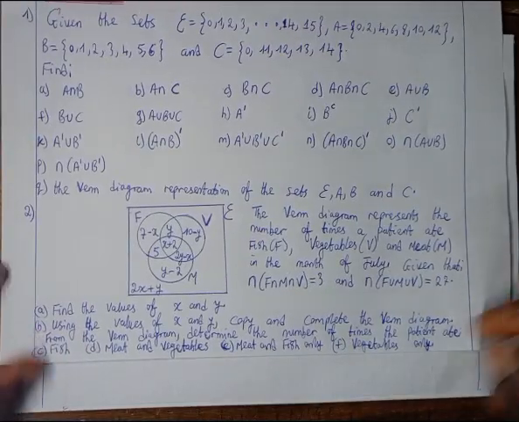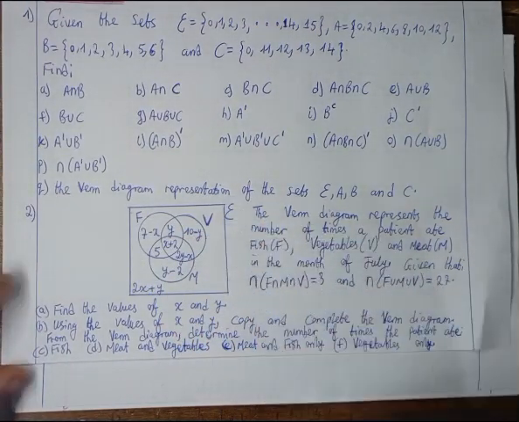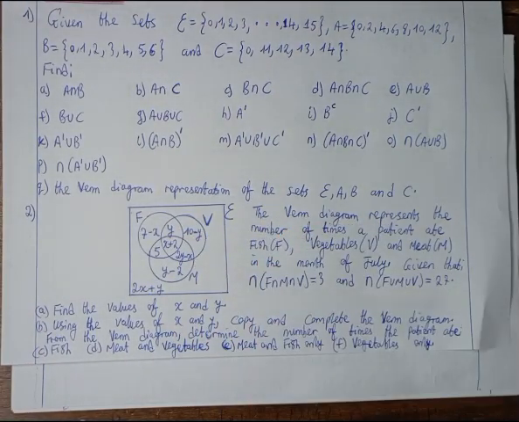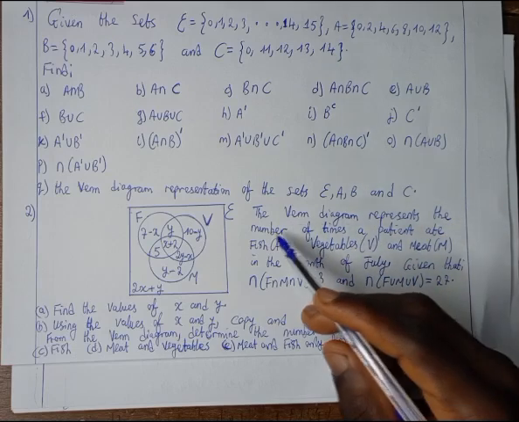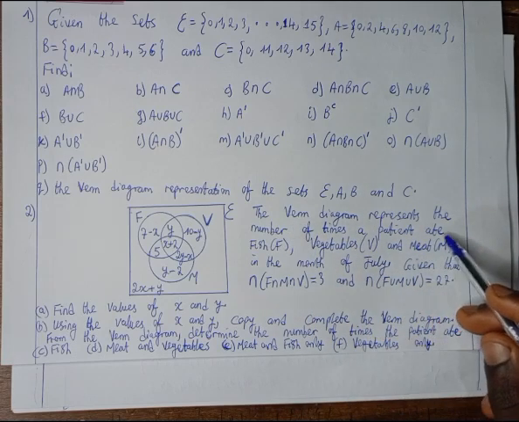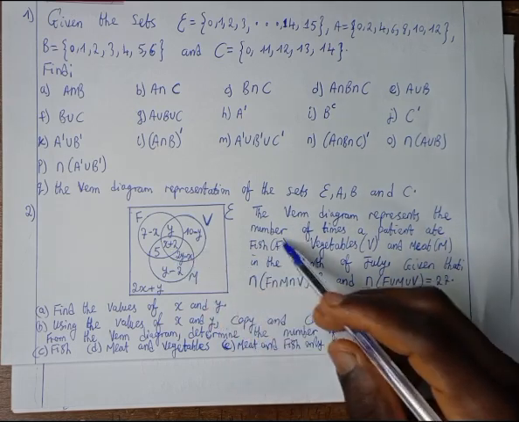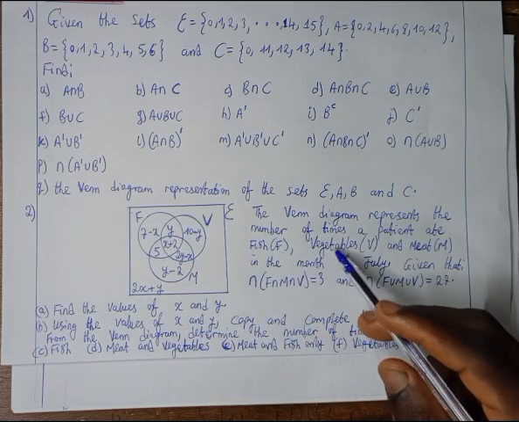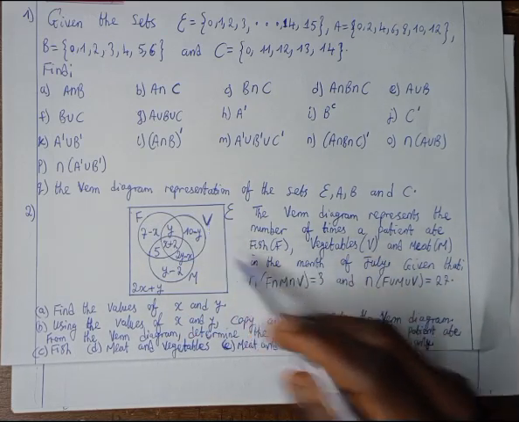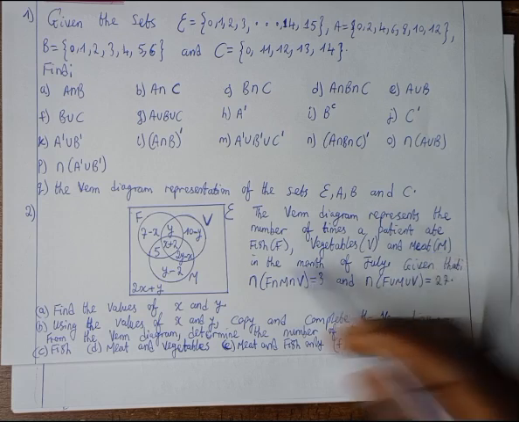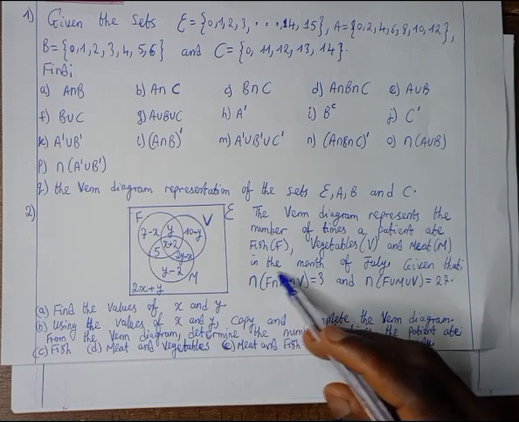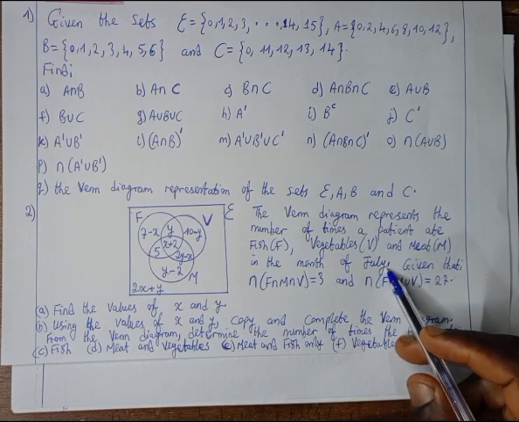Let's look at question 2. For question 2, we have this Venn diagram. This is the universal set, because the Venn diagram represents the number of times a patient ate fish, the set F, vegetables, the set V, and meat, the set M, in the month of July.